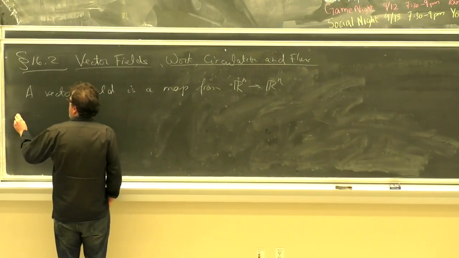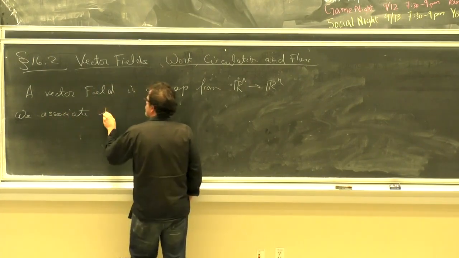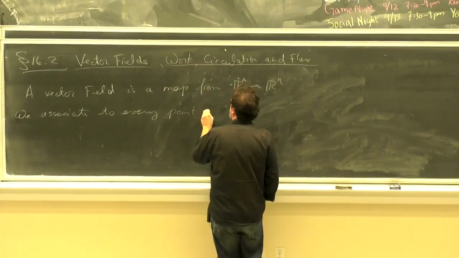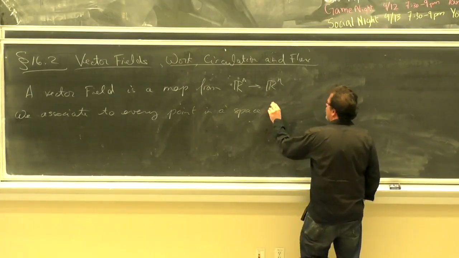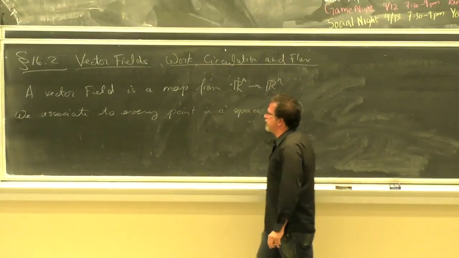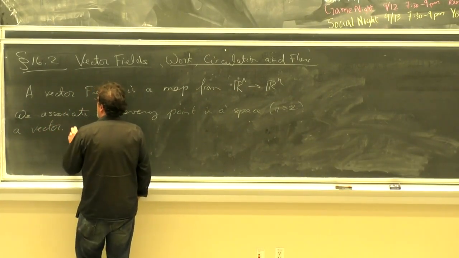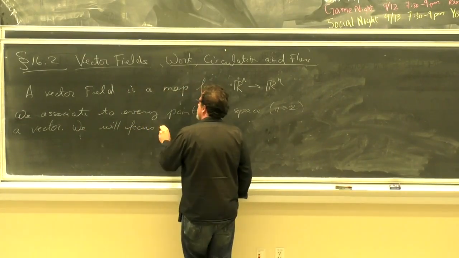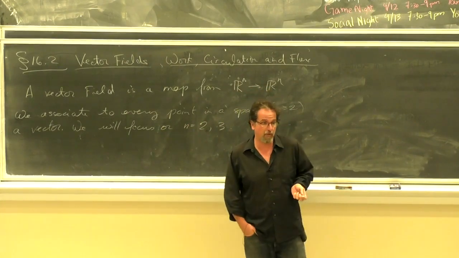We associate to every point in a space, and we usually really want n greater than or equal to 2, a vector. We will focus on n equals 2 and 3, 2 dimensions and 3 dimensions, okay?